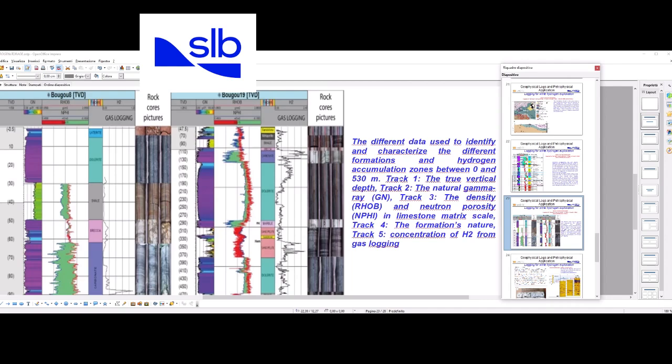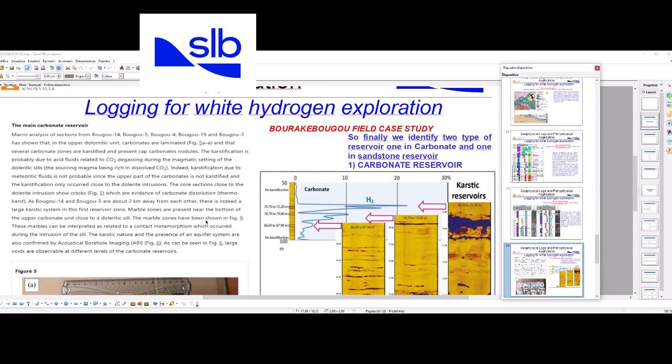We have 3 tracks, and also the density and the neutron porosity in limestone matrix scales, the formation nature, and the concentration of hydrogen from gas logging. So as we just said, we have identified two types of reservoir, one in carbonate and one in sandstone.